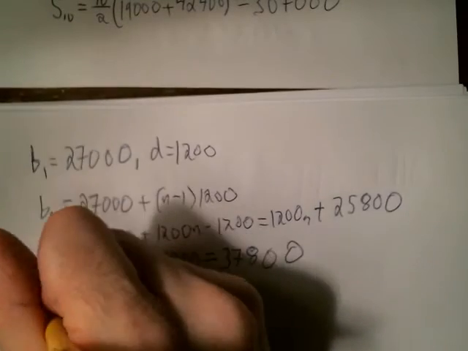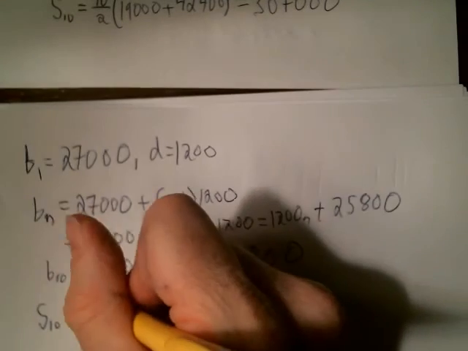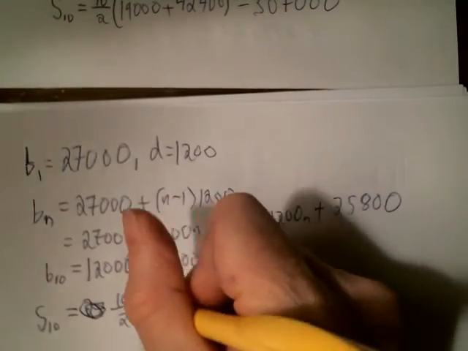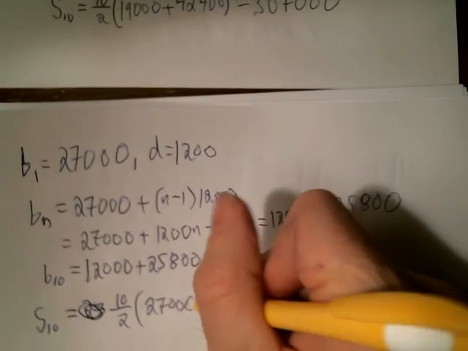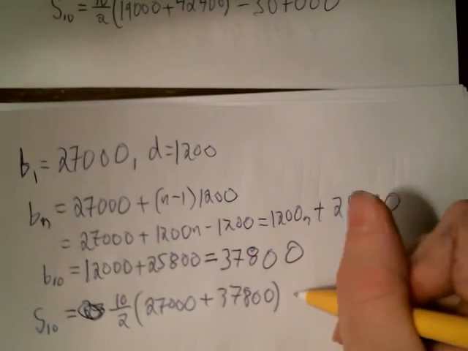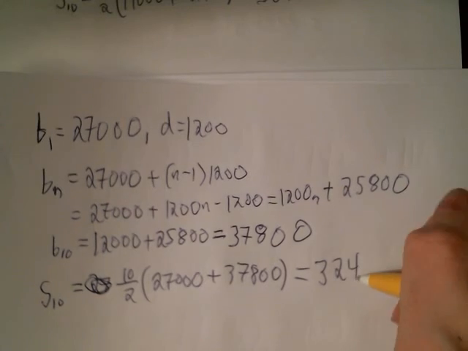Okay, so our sum after 10 years of working at that company will be 10 all over 2 times 27,000 plus 37,800. And then you just plop that into your calculator. And you get $324,000.